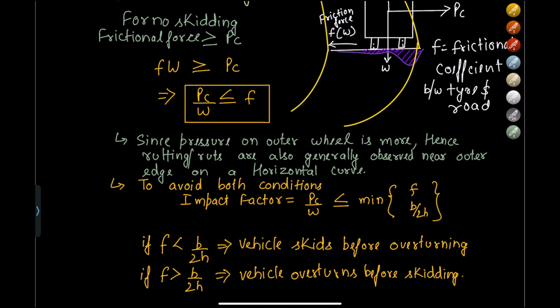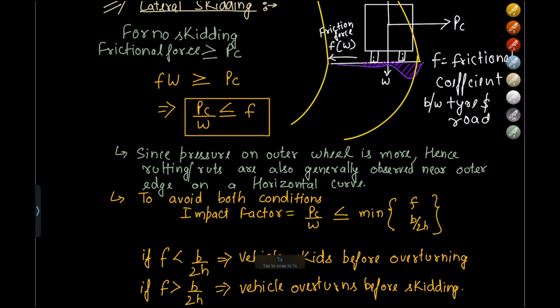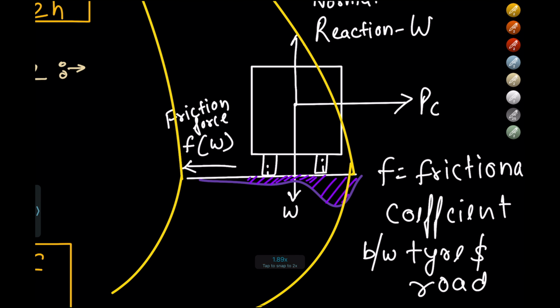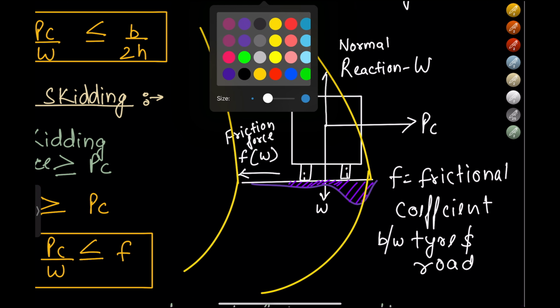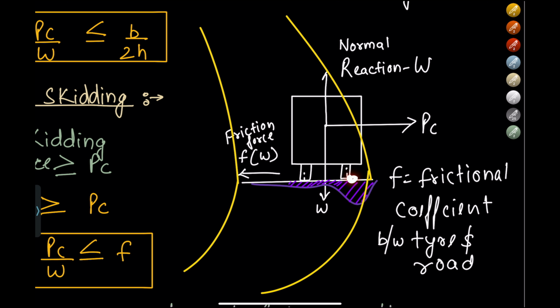These are some points to be noted. Since pressure on the outer wheel is more, ruts are also generally observed near the outer edge on the vehicle. If we take a look at this particular point, it would have more force, since the pressure on the outside is more.